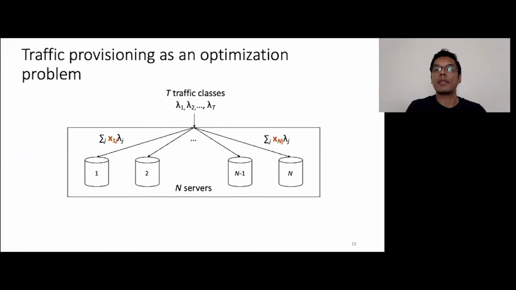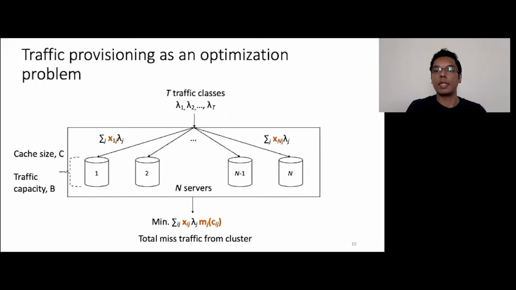Let's say we have T traffic classes with loads lambda 1 through lambda T. Let's say we also have some N servers. Let x_ij be the fraction of traffic class j that is assigned to server i. Now these are just fractions, and so it's a number between 0 and 1. Then the goal of the traffic provisioning algorithm is to assign these traffic classes to servers such that the midgress is minimized and the cache storage and traffic capacity constraints are satisfied.